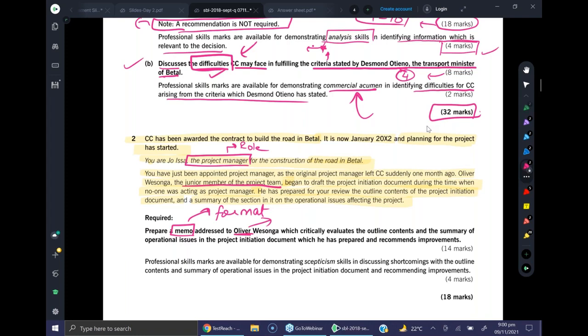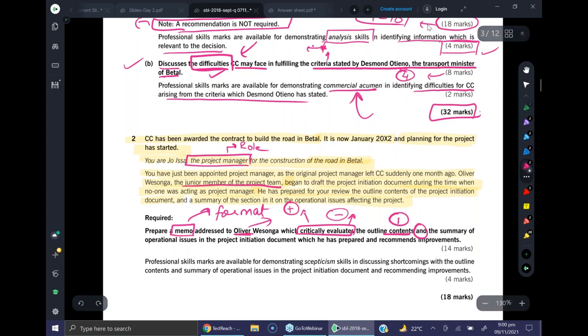Okay. Now it says prepare a memo addressed to Oliver which critically evaluates the outline contents, number one, and just be conscious there is one more part of the requirement. So critically evaluate means whatever is right, tell that very clearly, and whatever is wrong, clearly tell why you think it's not right.